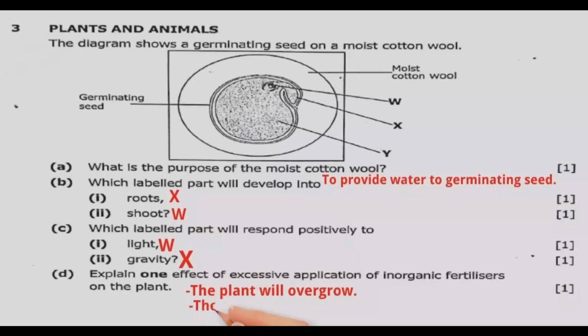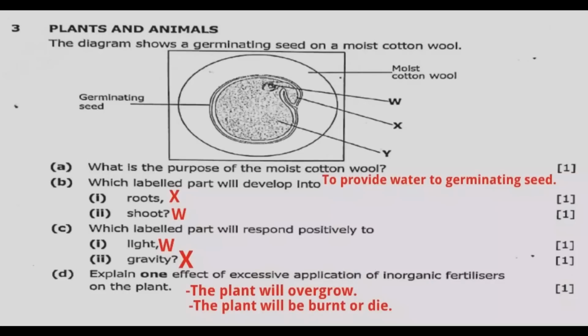The other one is it will be burnt and die. If you put a lot of fertilizer, the plant will dry out, which farmers refer to as being burnt. Once it is burnt, the plant will die. Those are the two things that might happen if you use excessive inorganic fertilizer.